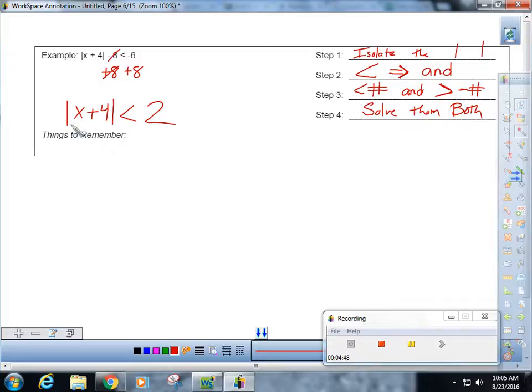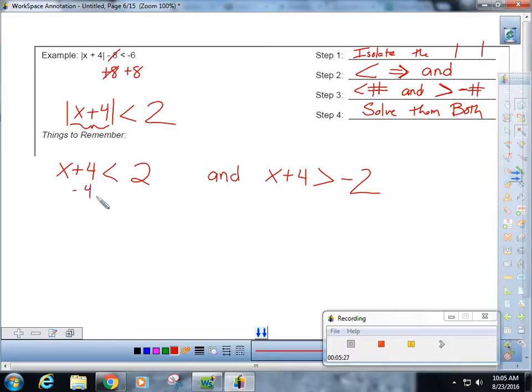So we take what's in the absolute value sign, and say that it's less than 2. But now we need an and in between here. And we have to say that x plus 4 is greater than negative 2. So we flip the sign and change the sign of the number. Okay? Flip the inequality, change the sign.